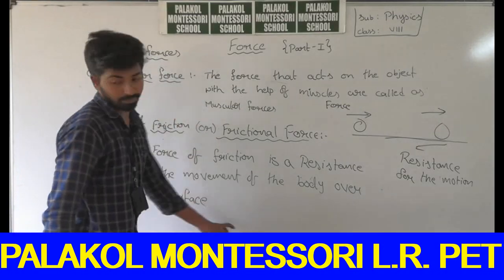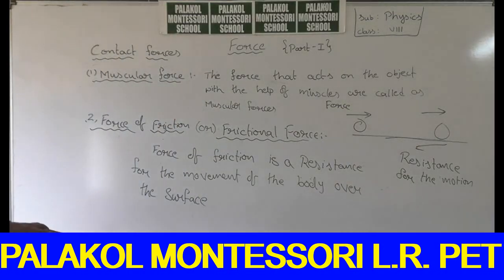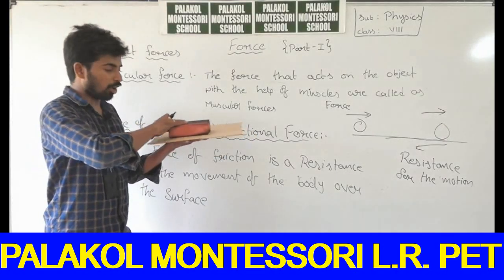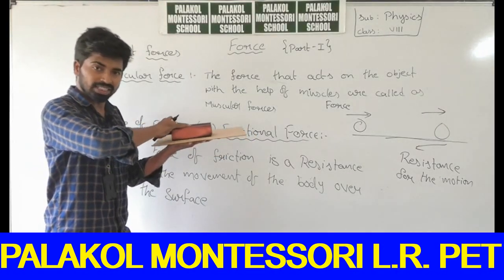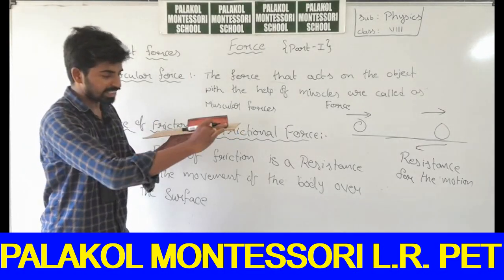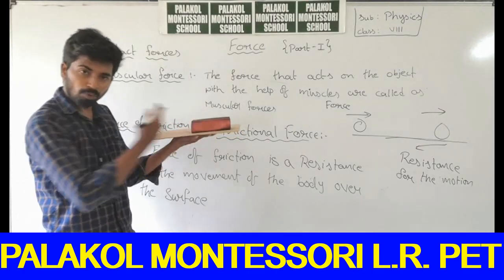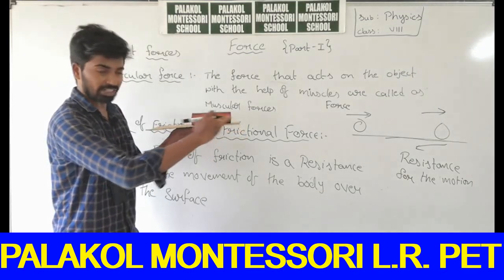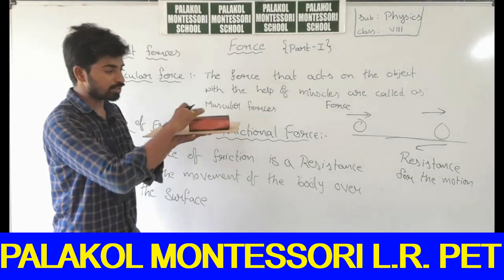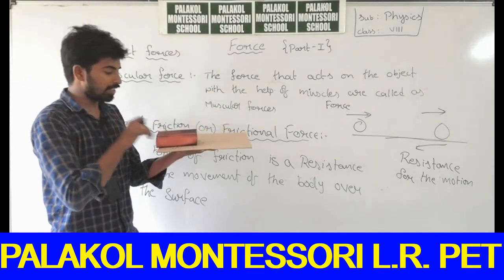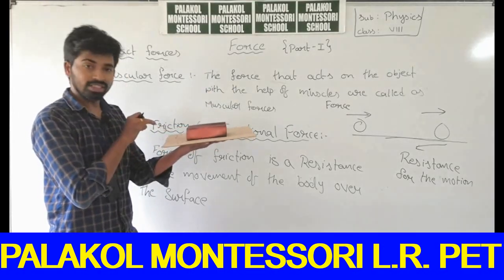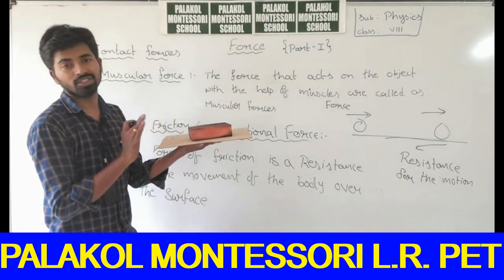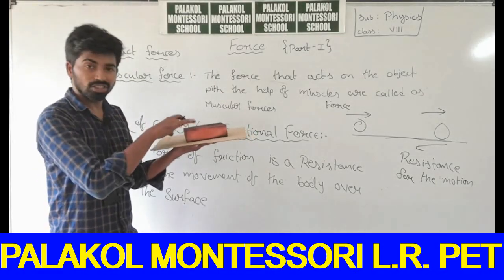For example, here this object is in motion, so this particular surface offers some opposing force, meaning resistance. I have applied a force on this object, it travels some distance and stops there. What force is acting on this object?